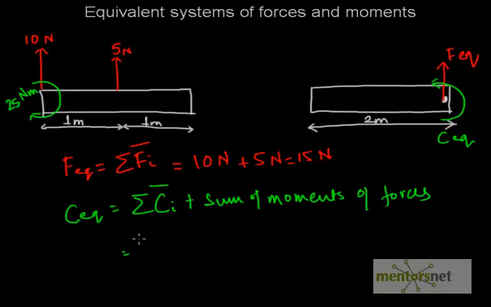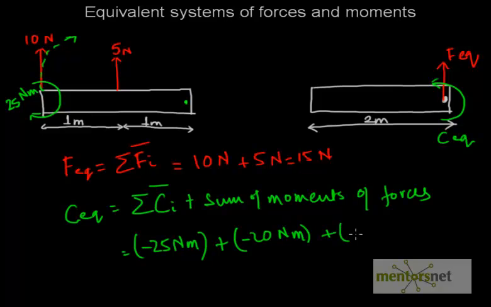So this is the sum of all couples. This is the couple that is acting over here. It is a couple of minus 25 Newton meter, plus the couple of this force acting about this point, since this is the equivalent point. That is equal to 10 newtons into 2 meters, and it will be negative since this is clockwise, so that will be minus 20 Newton meter, plus similarly minus 5 Newton meter, since it's clockwise, 5 into 1, minus 5.